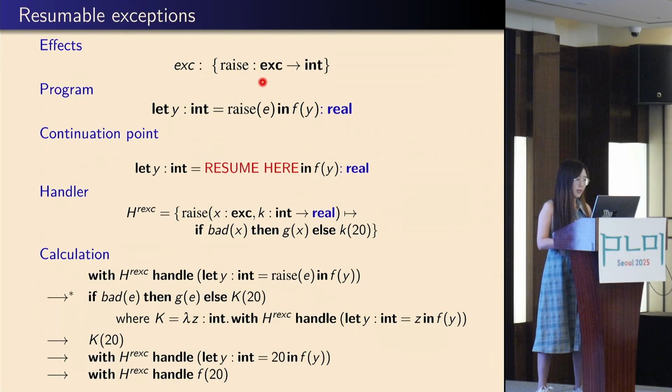Specifically, here we have the same effect and program as before, but when the operation raise is performed, we will also create a continuation that when called will actually resume the original computation.